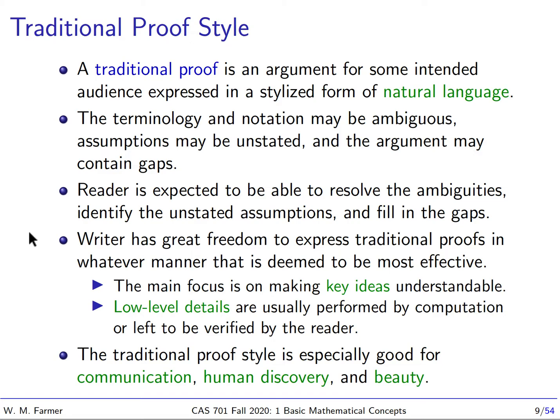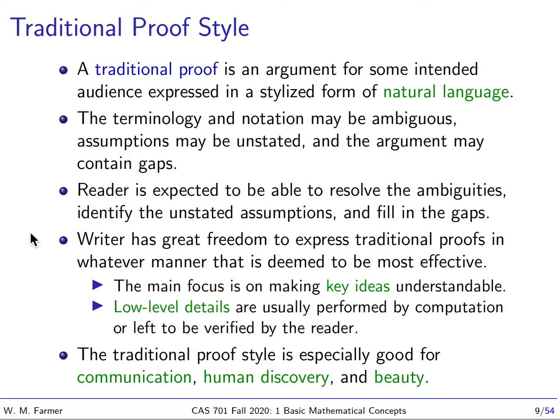Natural language is ambiguous. So we don't know exactly, in some cases, what the proof is actually saying. Also, there can be assumptions that aren't stated. You know, in many proofs, there's many assumptions, and it's sort of a bother to have to state all of them, especially when you expect your audience to know exactly what these assumptions are. And finally, the argument could have gaps.